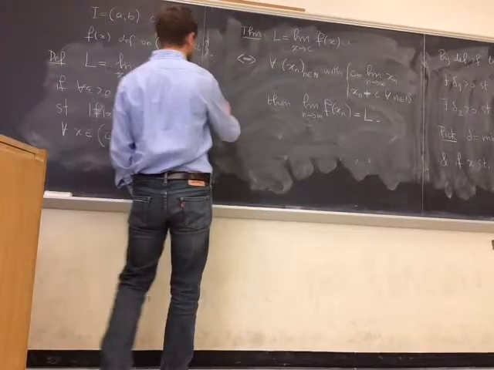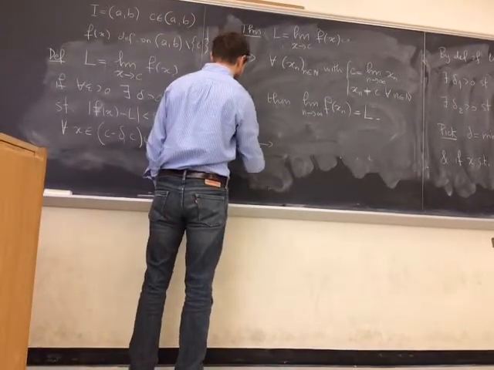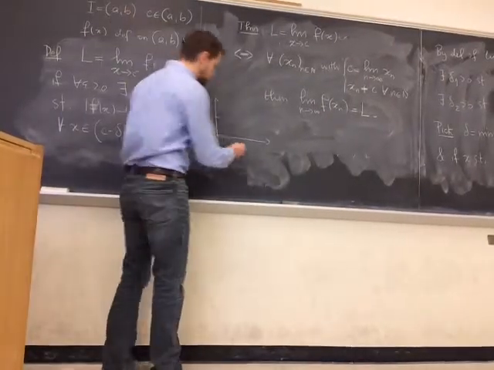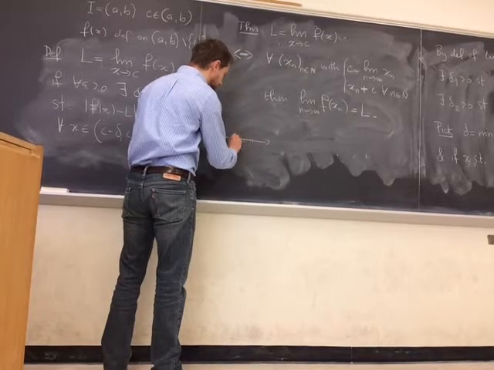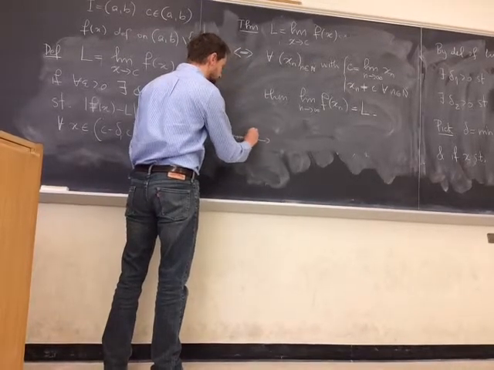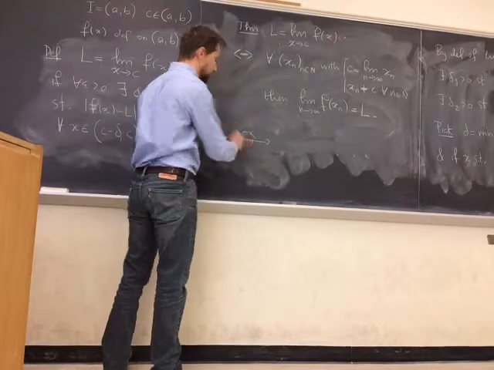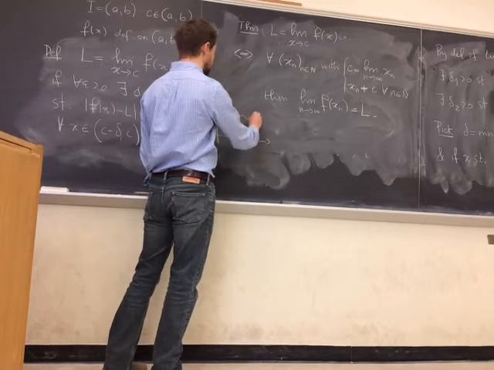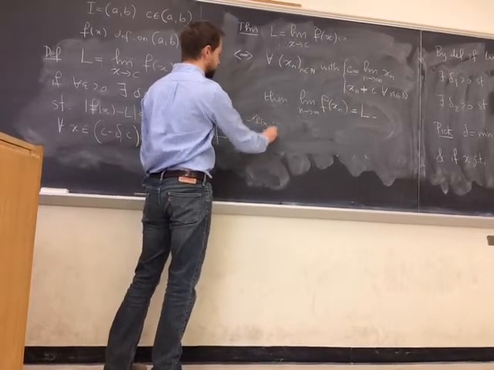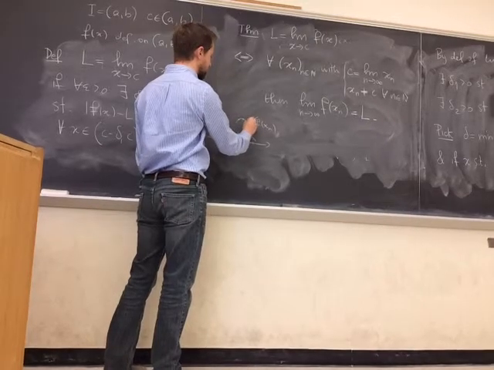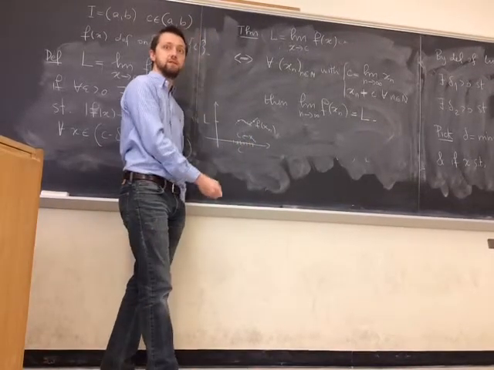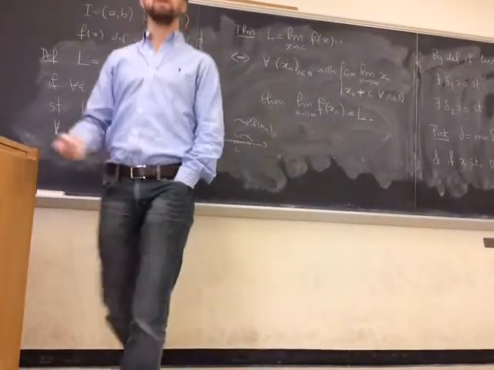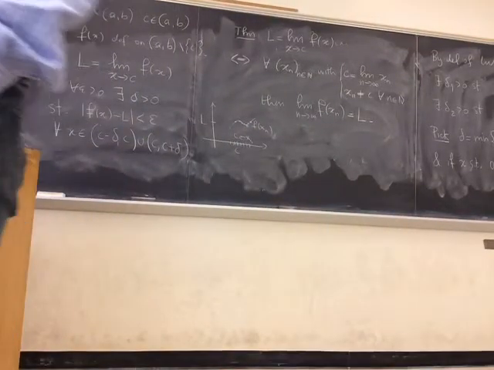So what I'm saying is that if I have a function and I want to check that its limit at c is equal to L, all I have to do is pick an arbitrary sequence of points xn which is converging to c. Compute the values of my function at these points xn, they will move around depending on the sequence, and hope that f of xn, which is a new sequence of real numbers, has limit L in the sense of sequences.